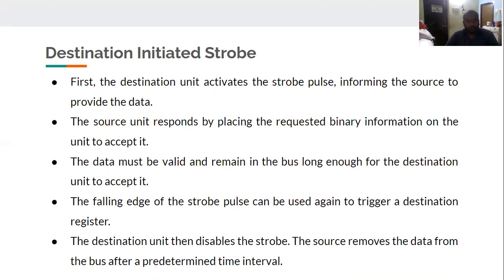First, the destination unit activates the strobe pulse. Previously, we discussed the source unit or the destination unit; maybe one of them activates the strobe. So here we take the destination unit to activate the strobe pulse, informing the source to provide the data.